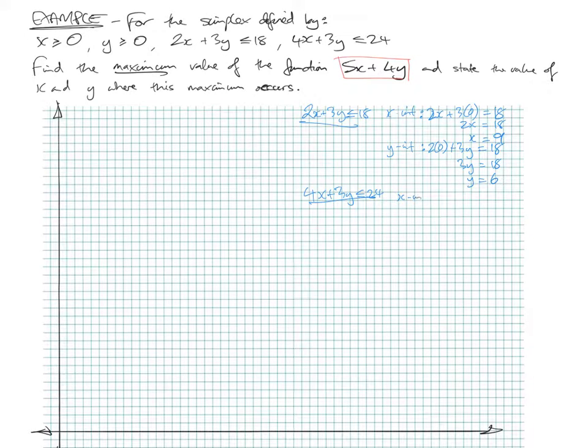The x-intercept, 4x plus 3 lots of 0 equals 24. 4x is equal to 24. X is going to be 24 divided by 4, 6. Y-intercept, 4 lots of 0 plus 3y is equal to 24. 3y is equal to 24. Y is equal to 24 divided by 3 is 8.